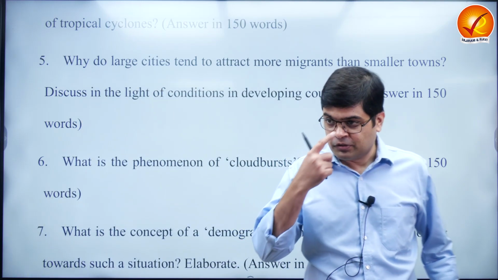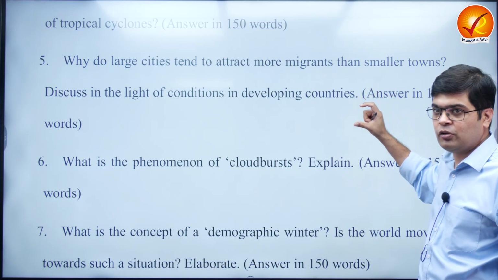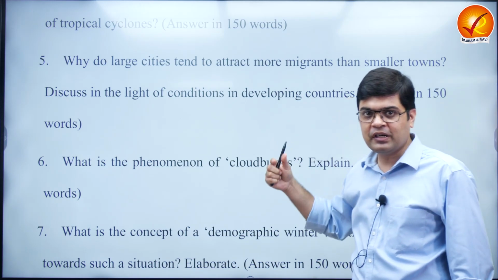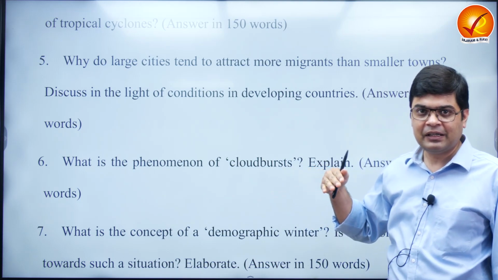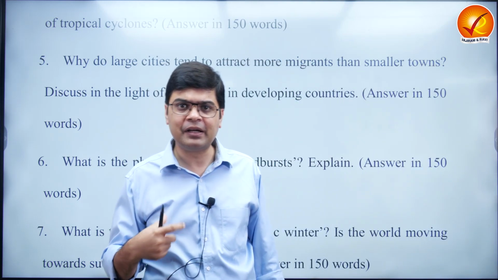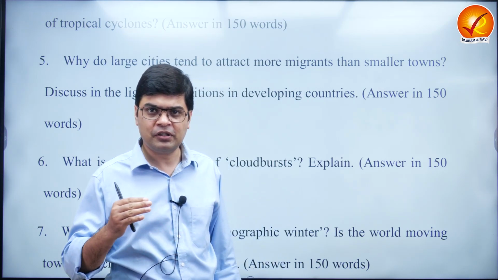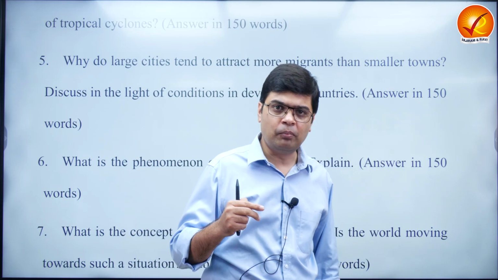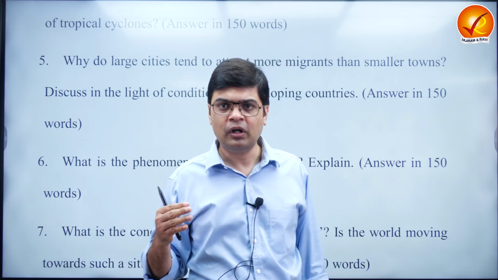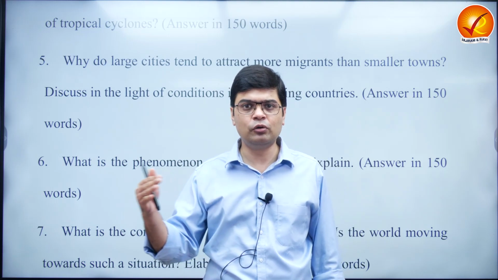Now, understand this. What are you supposed to write here in 10 marks so that you cover all the valid points, and at the same time you don't exceed the time as well as the word limit? Because whenever we talk about migration, it can be due to a number of reasons. Migration can be due to political reasons. We may migrate to protect ourselves from religious persecution. Migration can be related to climate.